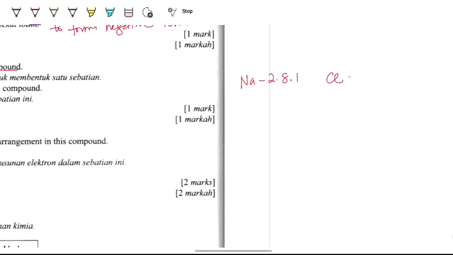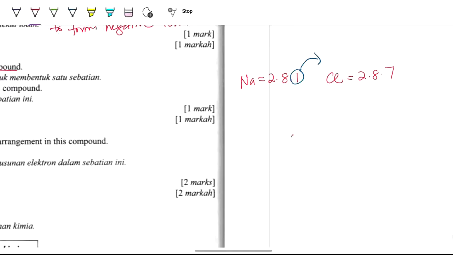Chlorine is 2, 8, 7. The sodium will donate 1 valence electron, which will be accepted by the chlorine. So later on, you will form the sodium ion, Na+, and the chloride ion, Cl-. So we have to draw it one by one.